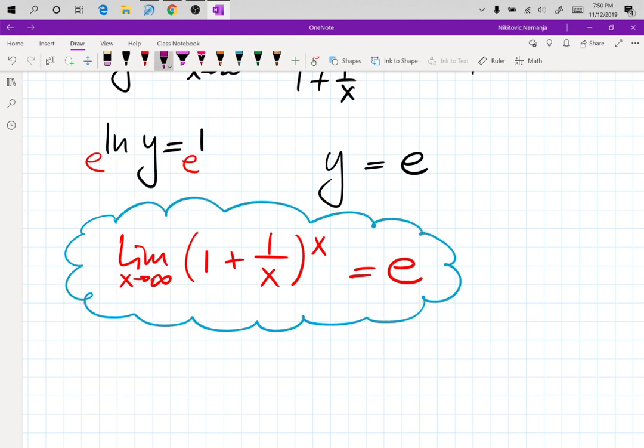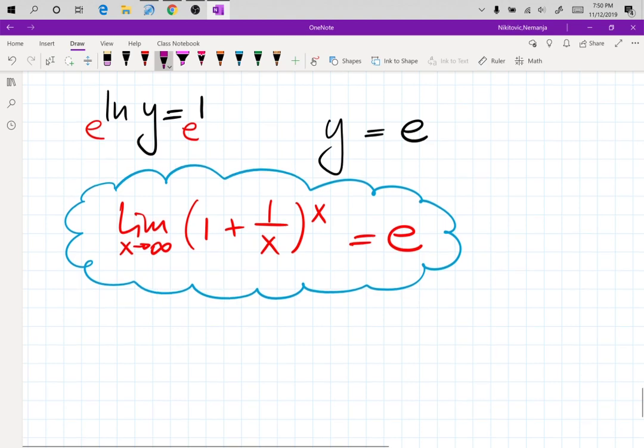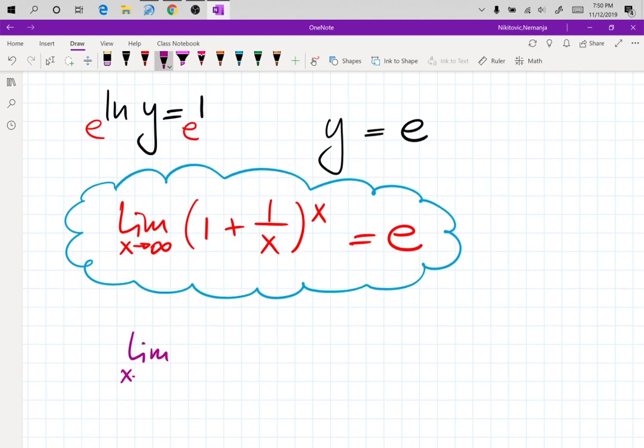And then, modified version: the limit as x goes to infinity of (1 plus a over x) raised to the bx is equal to e to the ab. If you know these formulas, you get to save yourself a lot of trouble later on.